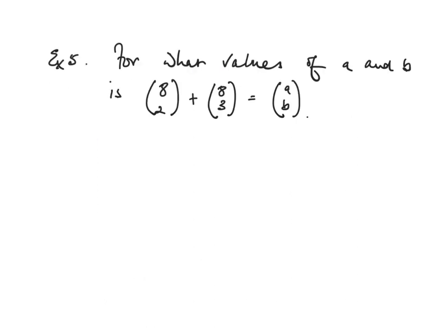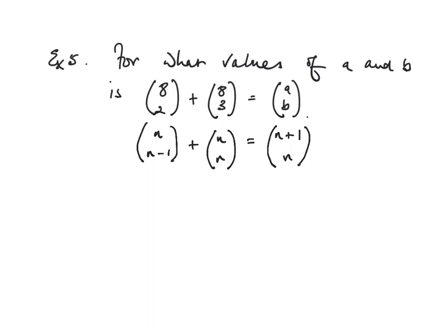Last example, for what values of a and b is 8 choose 2 plus 8 choose 3 equal to a choose b? Well, what we have here is the combination. So that's n choose r, and this is n choose r minus 1, and that gives us n plus 1 choose r.